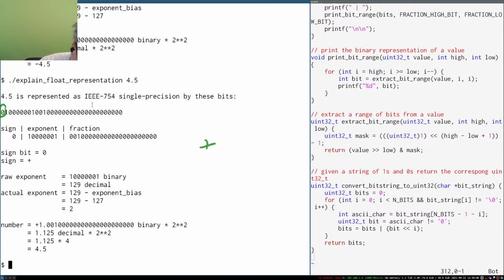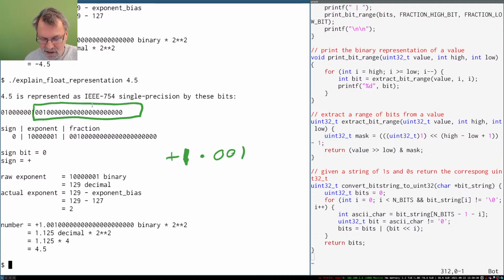I then look at these bits, which are the fraction, and there's always a 1 there.